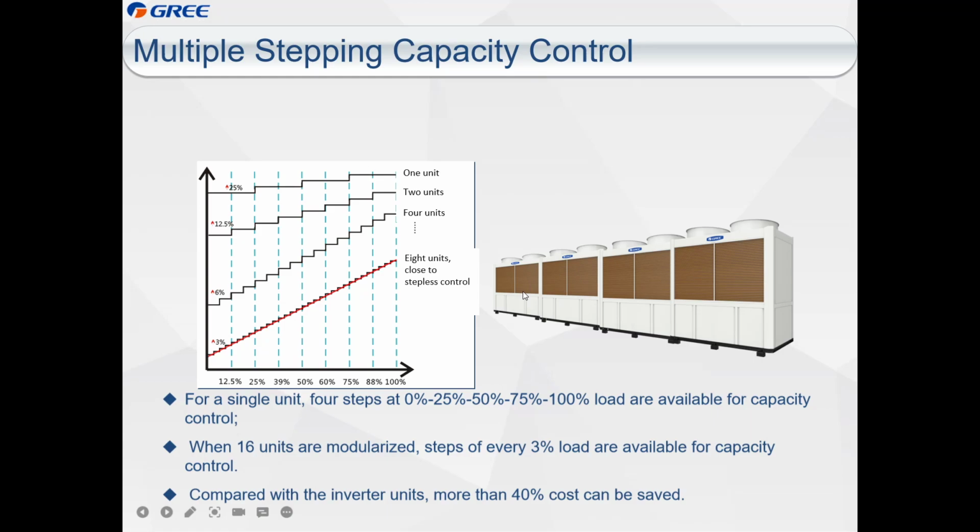In this line, you said that we can control the capacity at the 5 conditions: 0%, 25%, 50%, 75%, and 100%.